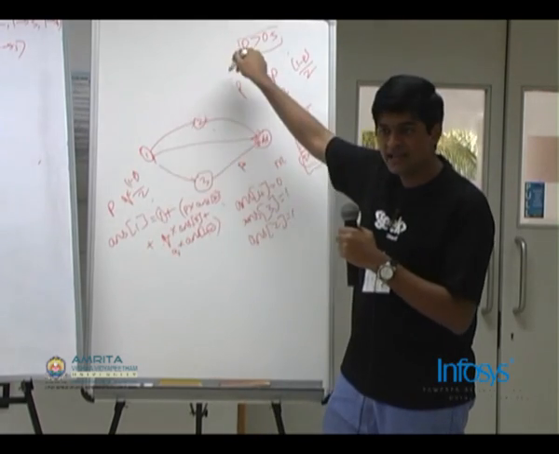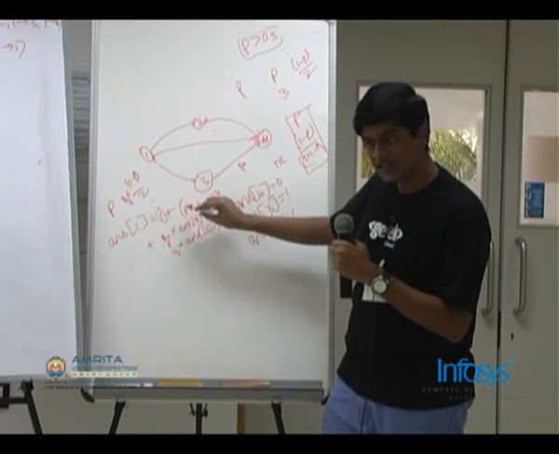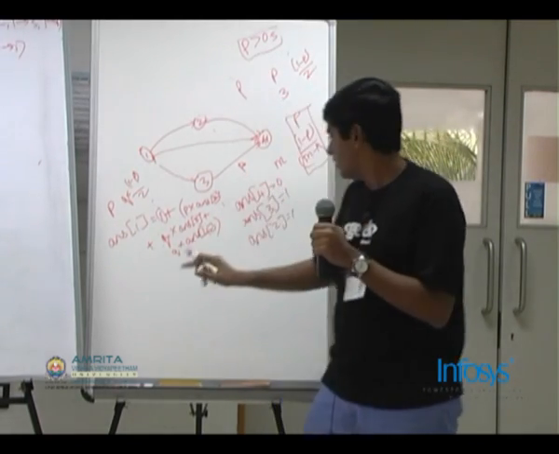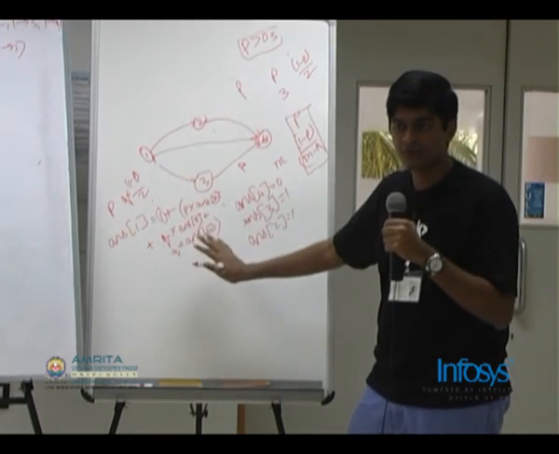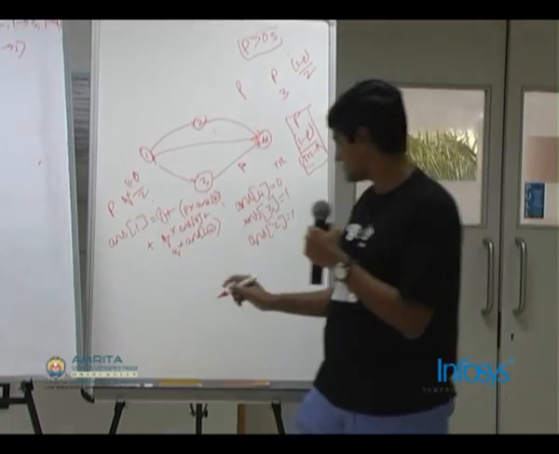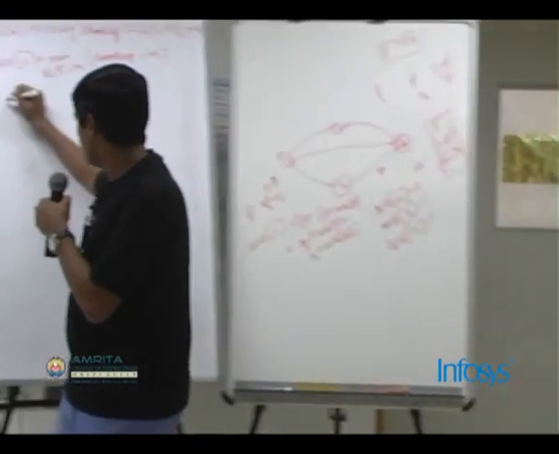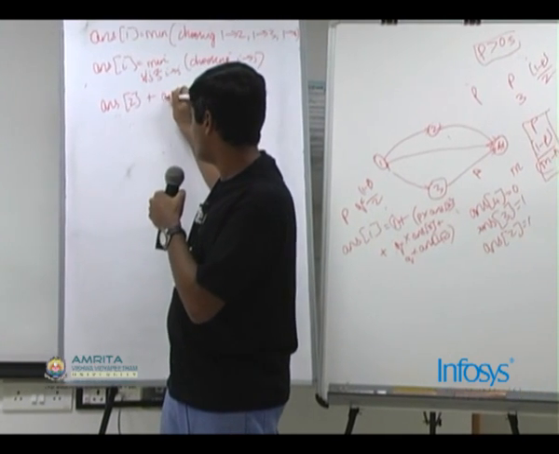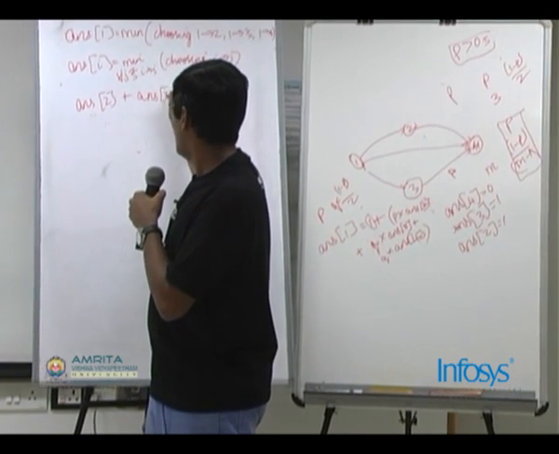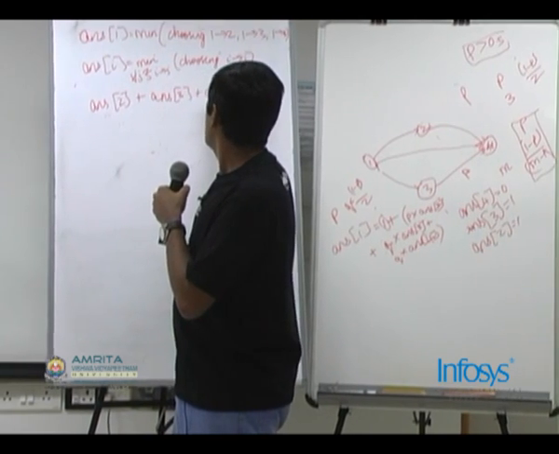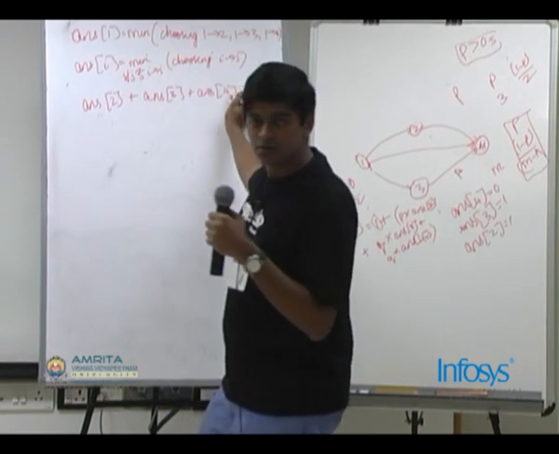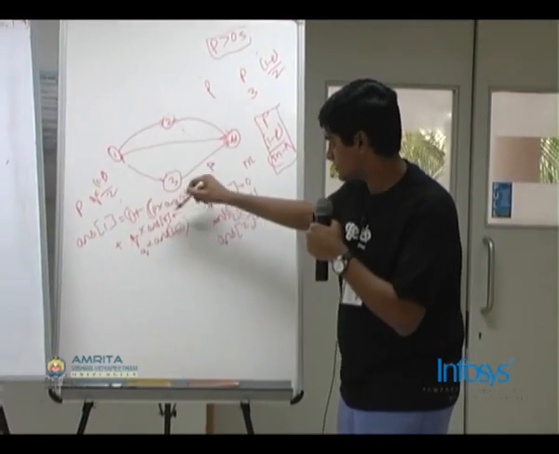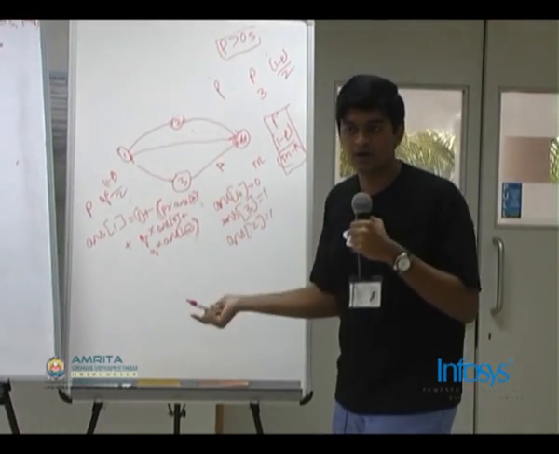Even if it has many edges, only one of them will have p, that is the one which you are going to choose, and all the other edges will have q. So assume you have the value of answer of 2 plus answer of 3 plus answer of 4. Can you compute this value in order 1?